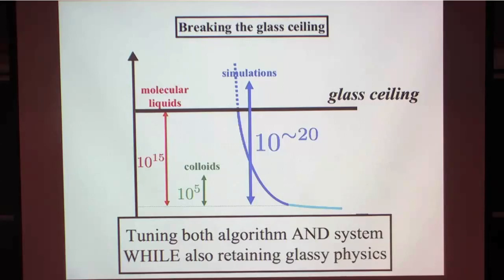But the trick was that you also engineer the system so that it's sampled well by the optimizer you have. So you tune both and then get this humongous speed up. And in our situation, we also had a caveat that you still have to retain glassy physics, and we make sure of this by measuring the decorrelation between the two-point length scale and the point-to-set length scale.